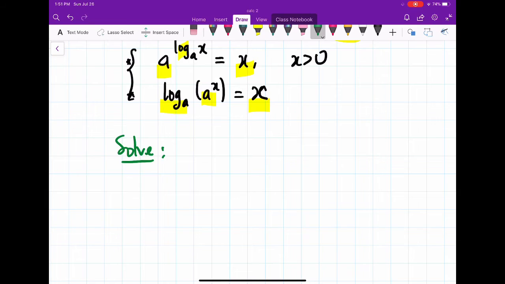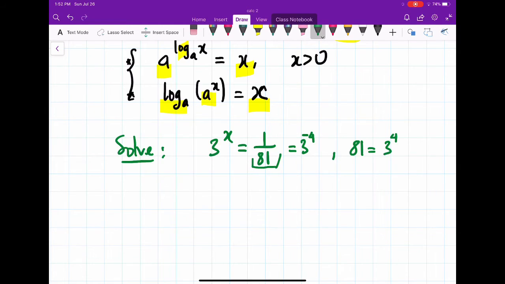Now let's consider some examples. Let's solve the following equation: a to the x equal to 1 over 81. 81 in this case is a very good number. Why? Because we know exactly 81 is 3 to the 4, right? So you change the right-hand side to get the form 3 to the 4, with the negative sign because we have 1 divided by 81.